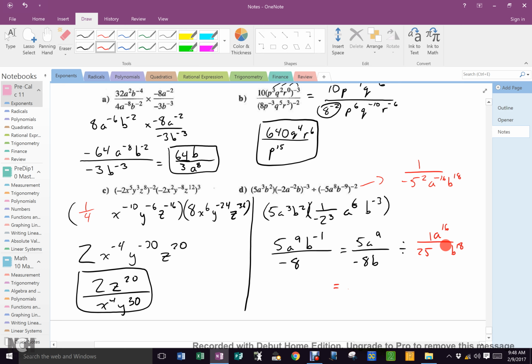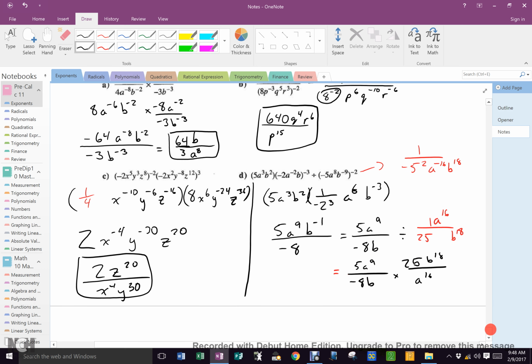This is divided by, so what I get is 5a to the 9th over negative 8b times 25b to the 18th over a to the 16th, which gets me 125.